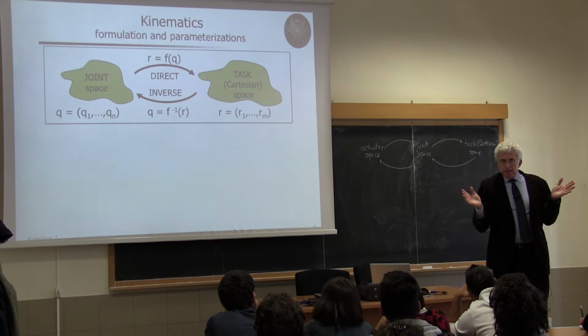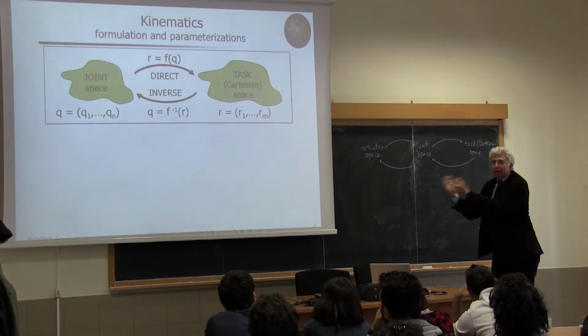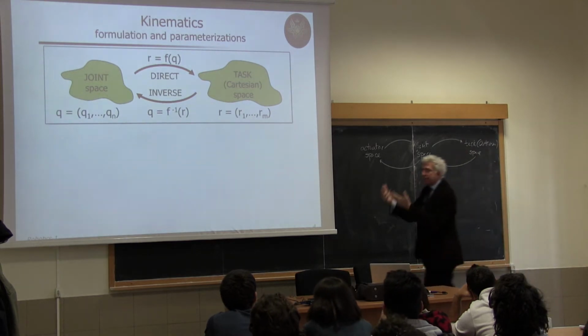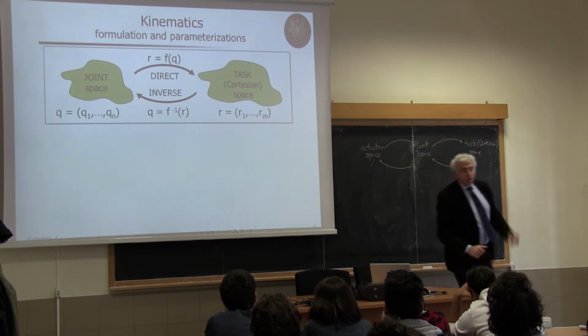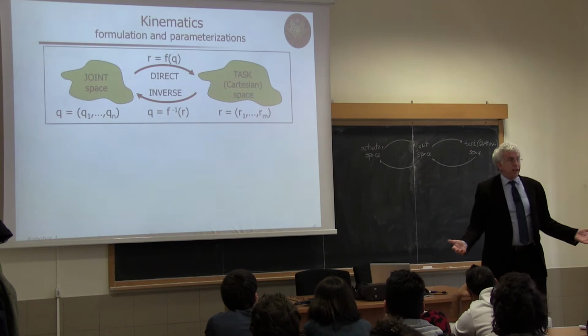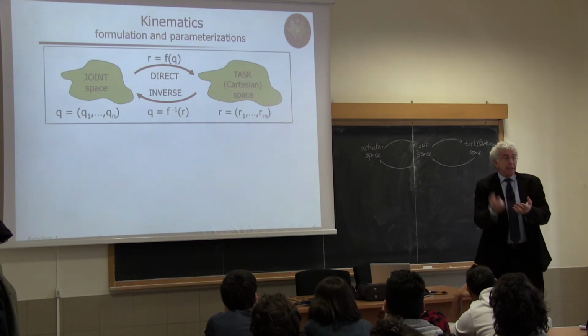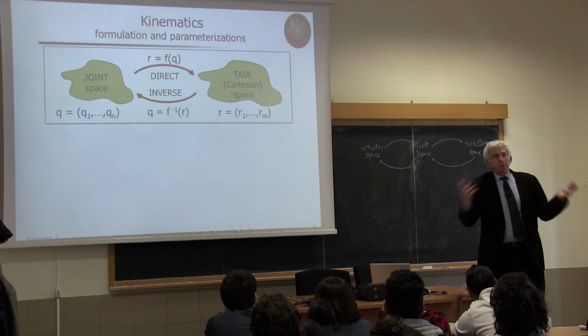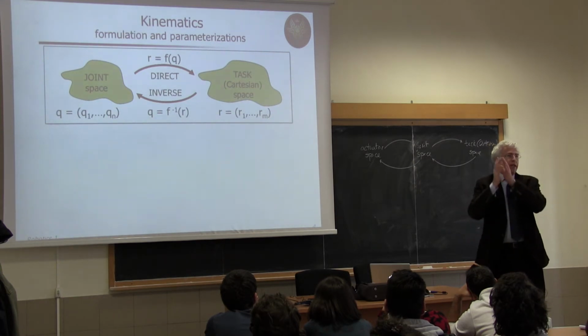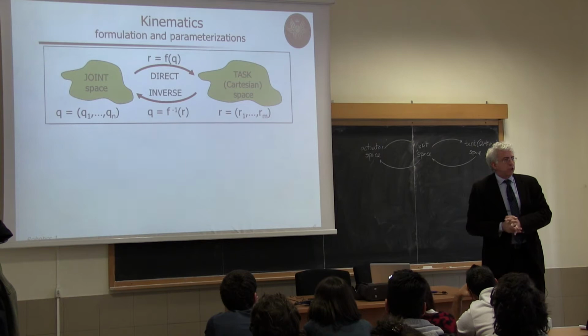Okay? So can I relate the motion in this task space, the motion of the feature on the image plane, to the motion of the joints? Certainly I can do it. And this will be the direct kinematics of this particular task. The most common task is just moving the position and the orientation of the end effector.